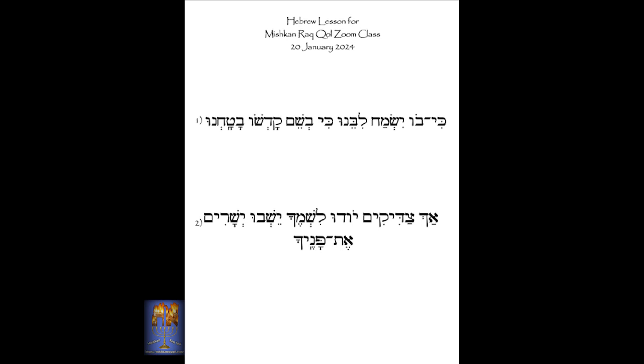And then we have the letter pey. You know it's pey because it's got a dagesh inside. This is a beged kefet letter, so it's going to change its sound to a P, and it's pointed with kamatz, pa.